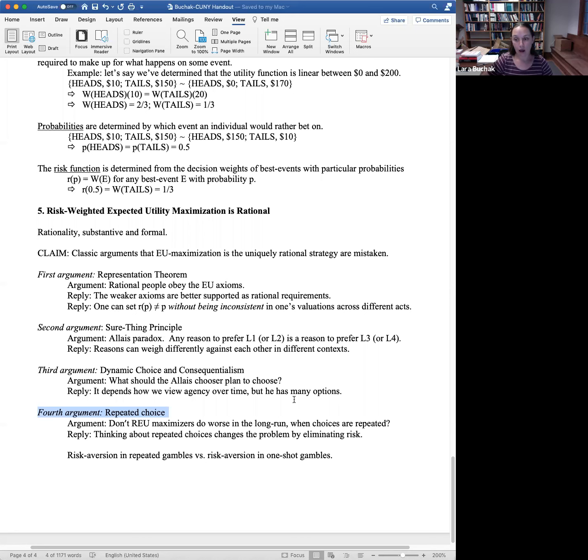Reply, well, actually thinking about repeated choices changes the problem in relevant ways. Repeating the choice eliminates the risk. So thinking about how you would behave if a choice was repeated over time is not the correct way to figure out what you should do if you face a choice once.